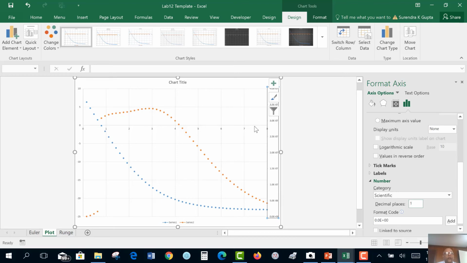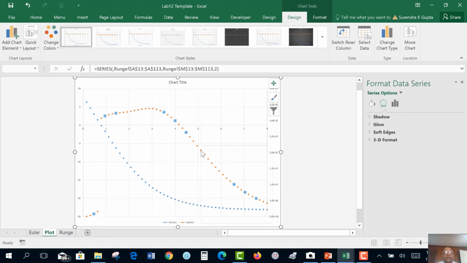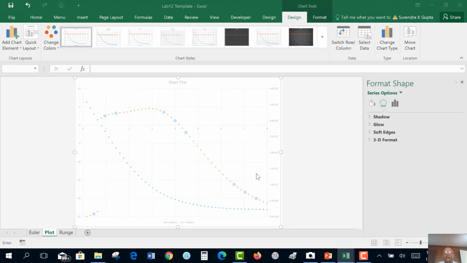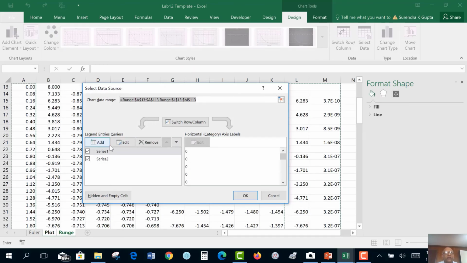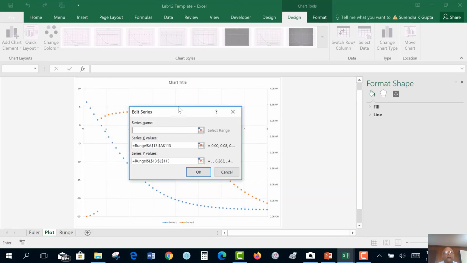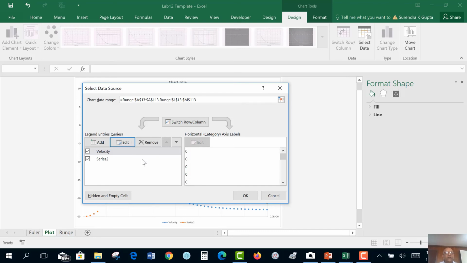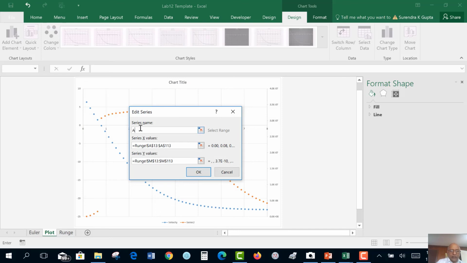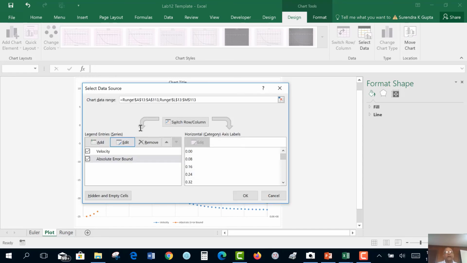Okay, so looks like this. Let's give these some names. So we are going to select data. Series 1, let's call it velocity. Series 2, absolute error bound.